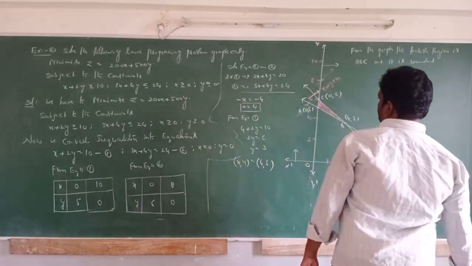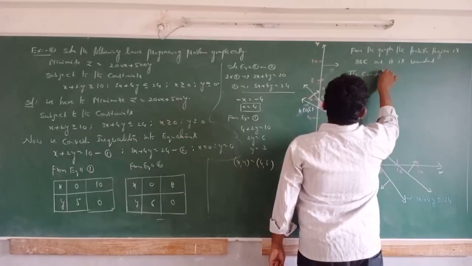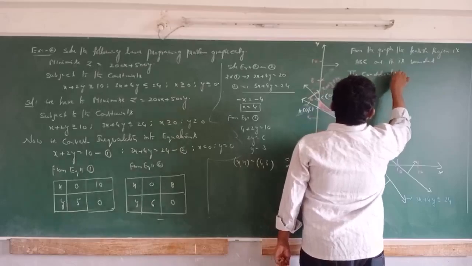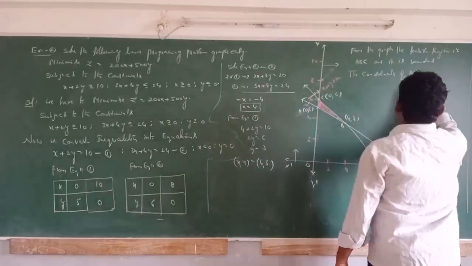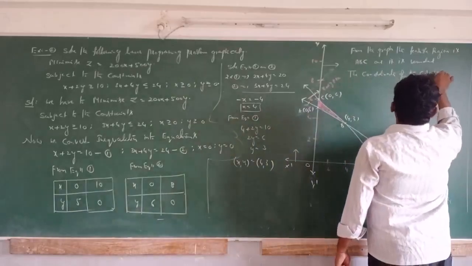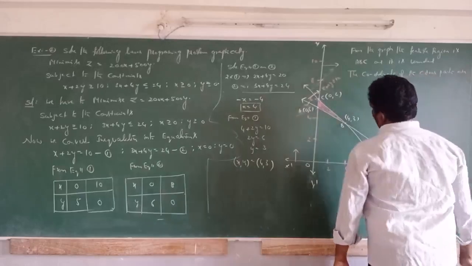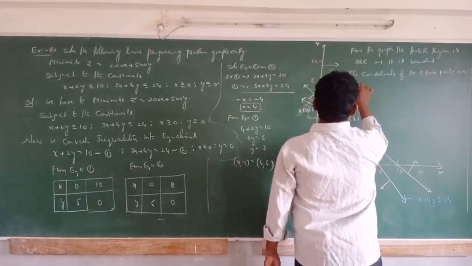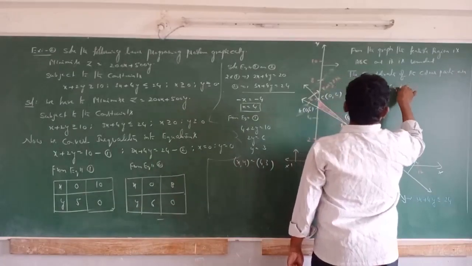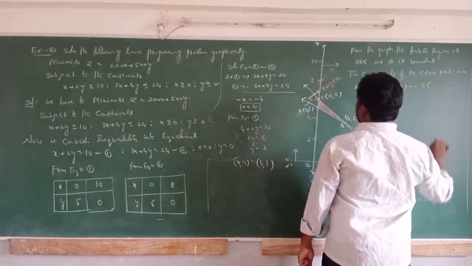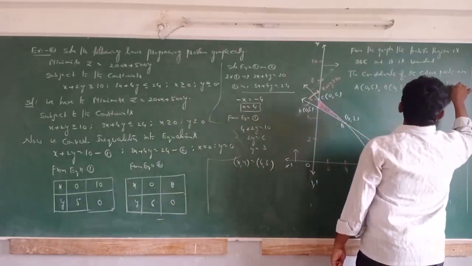Next, the coordinates of the corner points are A of (0, 5), B of (4, 3), and C of (0, 6) respectively.